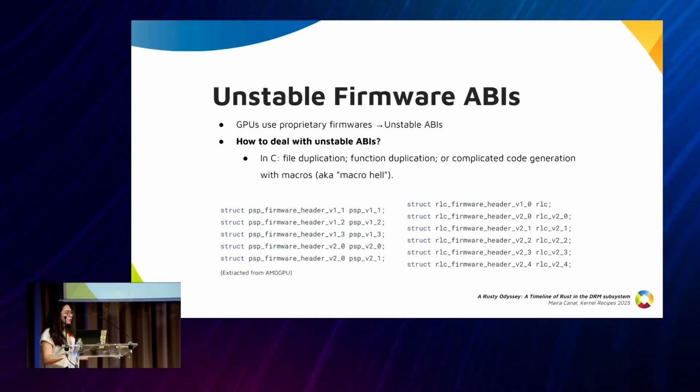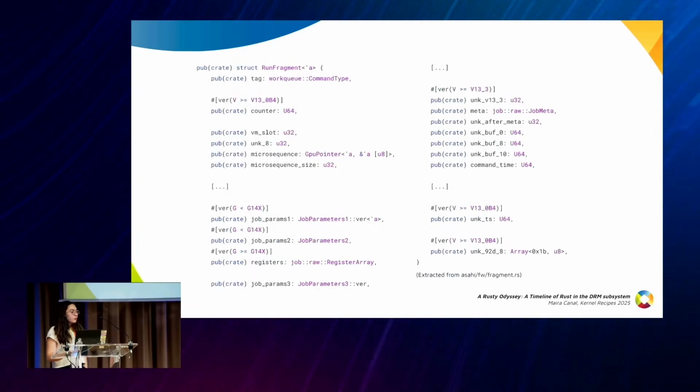The other option would be to make some complicated code generation with C macros, but C macros are very limited. It's hard to make very fancy macros in C, and usually it's not that readable. But in Rust, you can do something as simple as this. This code was extracted from the Asahi driver. Of course, there's some code behind it, but you can use macros to just define the fields for each version.